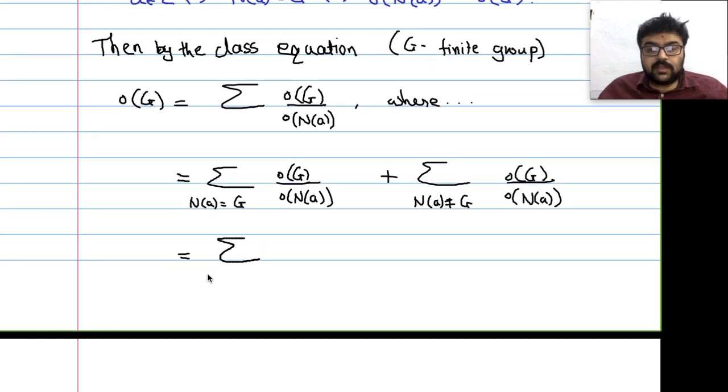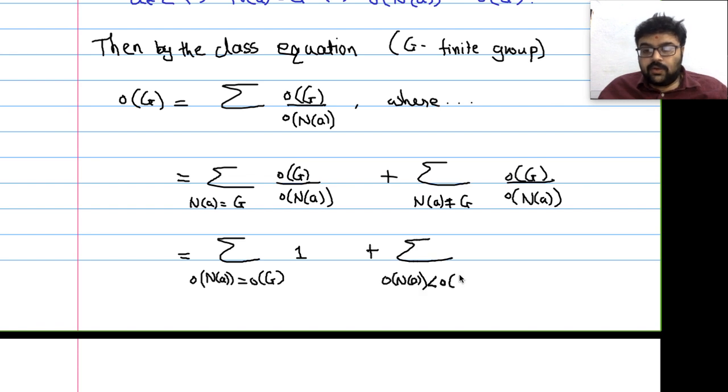So order of N(A) equals order of G, in that case we have 1 plus, and here I can write order of N(A) is strictly less than order of G. N(A) is a subgroup of G, as we have seen earlier. Because it is a subgroup, order is either less than that or equal to G. Equal to G we have considered. So if it is not equal to G, it should be strictly less than this. So order of G upon order of N(A).